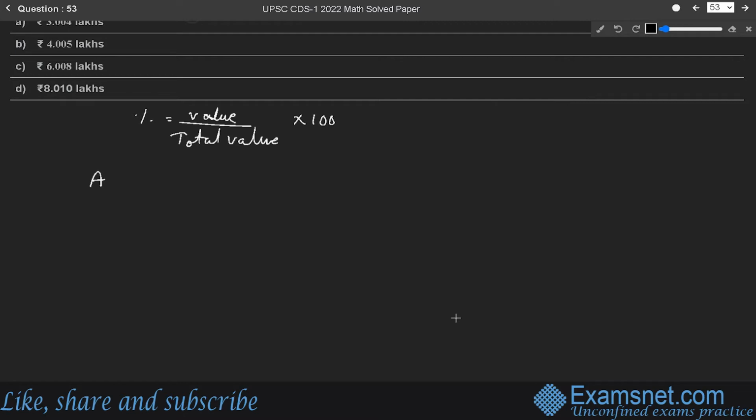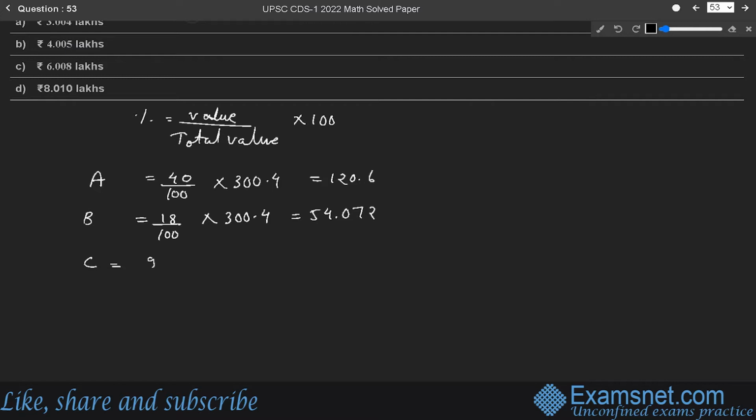For A, it will be 40 by 100 into 300.4, which gives 120.16. For B, it will be 18 upon 100 into 300.4, which is 54.072.